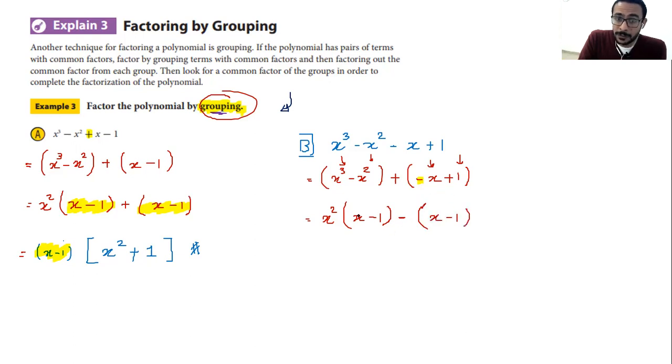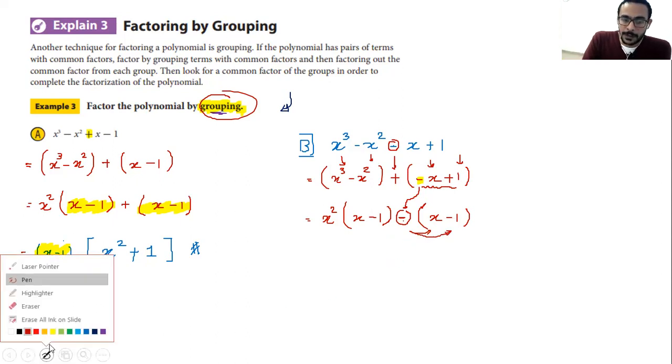Again, pay attention, it's a good question, it's very important. When you have minus here, I do it as plus. From the second parentheses, I took the negative common factor. When you take this negative common factor, the x becomes positive and the positive 1 becomes a negative 1. And if you'd like to check your answer, multiply this negative inside the parentheses using the distributive property.